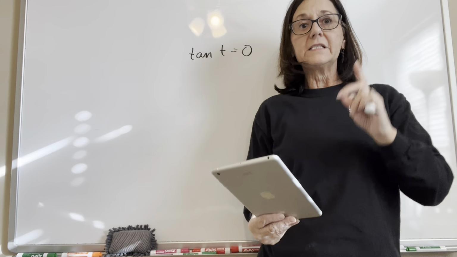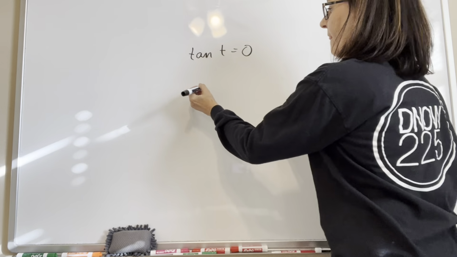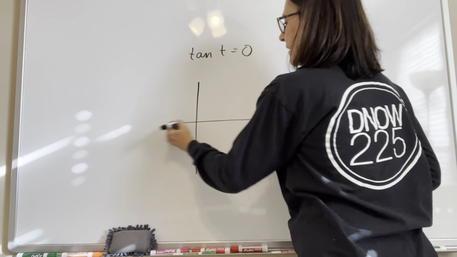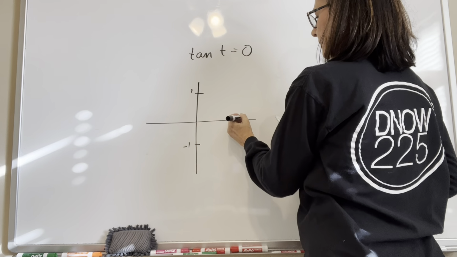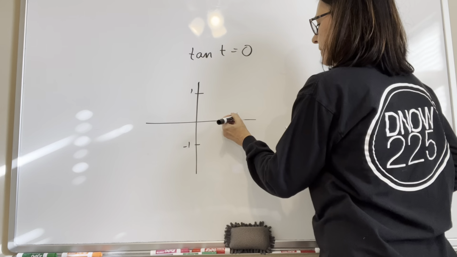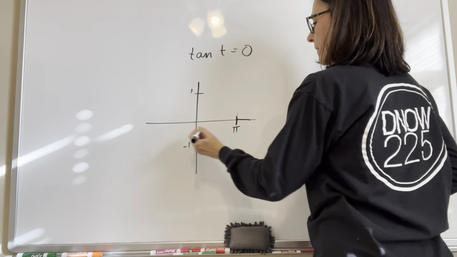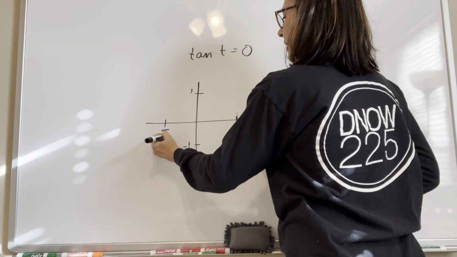Okay, remember for the tangent, its period is pi. It repeats. I was going to write pi there, but pi doesn't go there. Pi over 2, rather. Negative pi over 2.